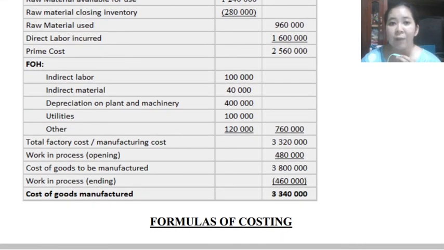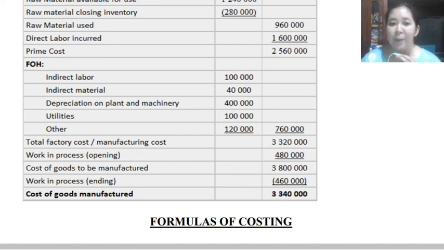For the factory overhead, we will just add all of these items, so it totals 760,000. Therefore, our total factory or manufacturing cost is 3,320,000. After that, we will add the beginning work in process.